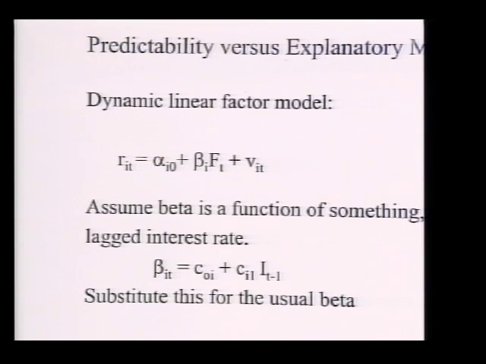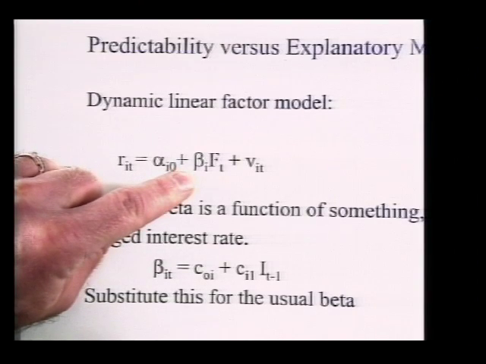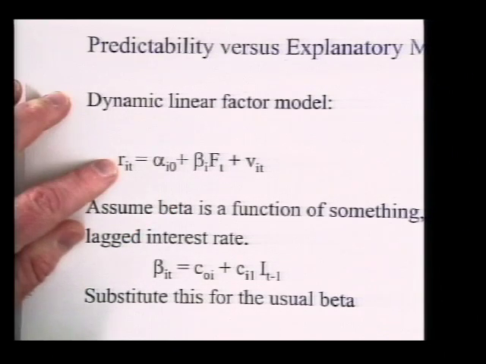If the factor moves by a certain amount, then on average, the return should respond by the value of the beta. So this is an average relation. It holds the beta fixed through time, and it's a single factor specification.